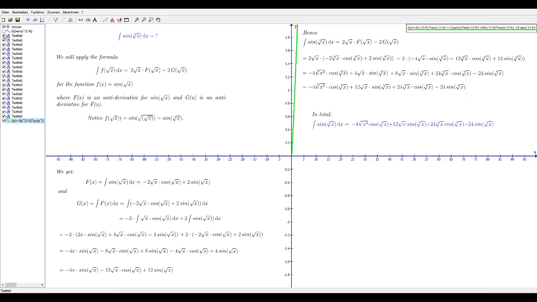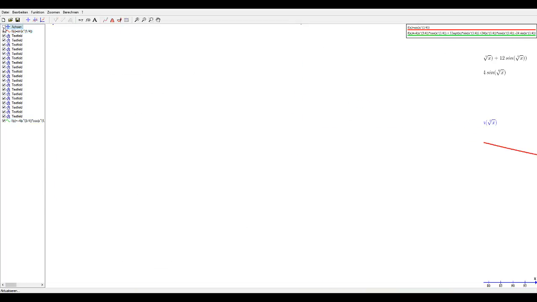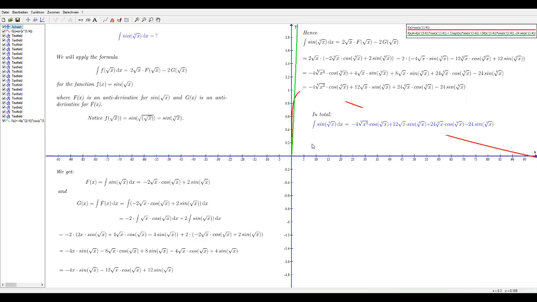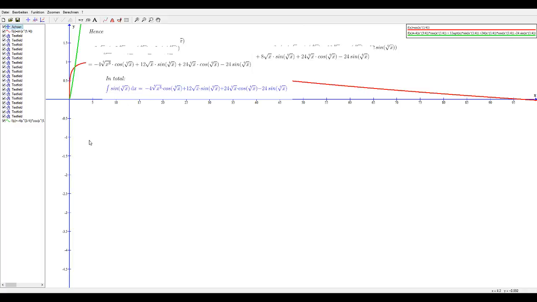It's almost impossible to draw this properly here. I just changed the axes around in a weird way. There we go. Now the axes are fine again. I guess we can change the axis. We basically don't really need any negative values, so let us try this instead. Now we are here.